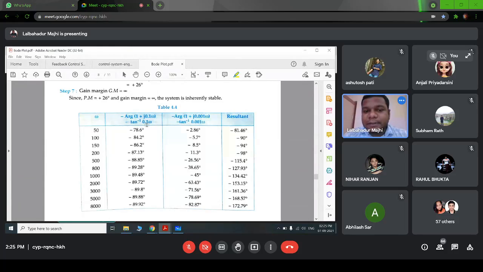We find the angle for the first pole and the second pole, then we have to add them, because there are two poles, so the angle is the summation.